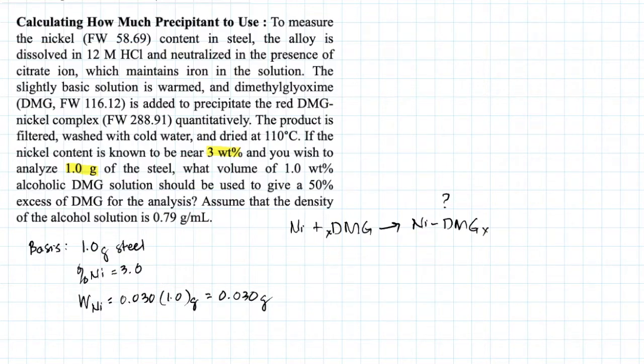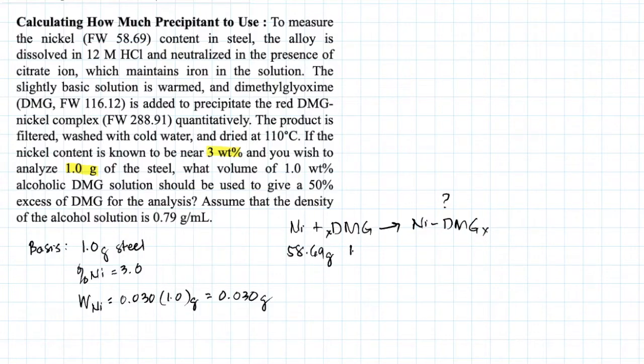So, by trial and error, let's say we have 58.69 grams of nickel and reacting this with 1 mole of DMG.